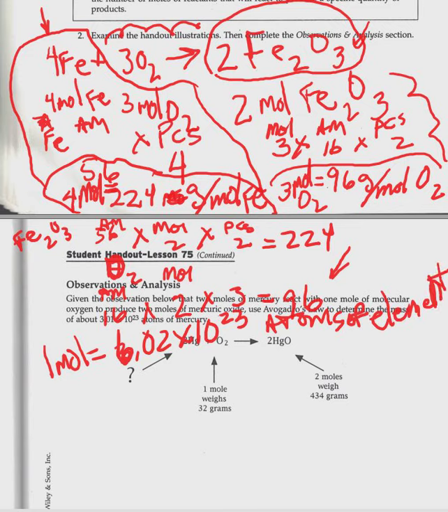So half of 6.02: 0.5 moles equals 3.01 times 10 to the 23rd atoms of an element.